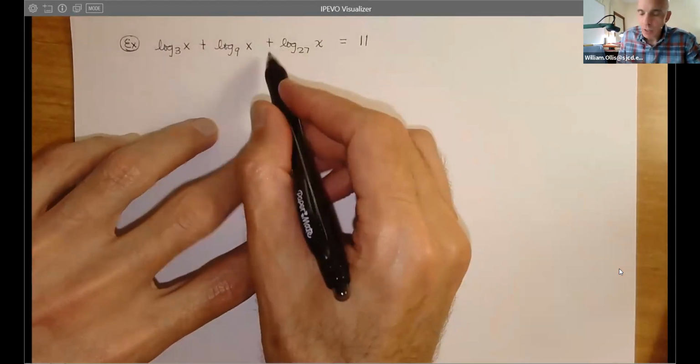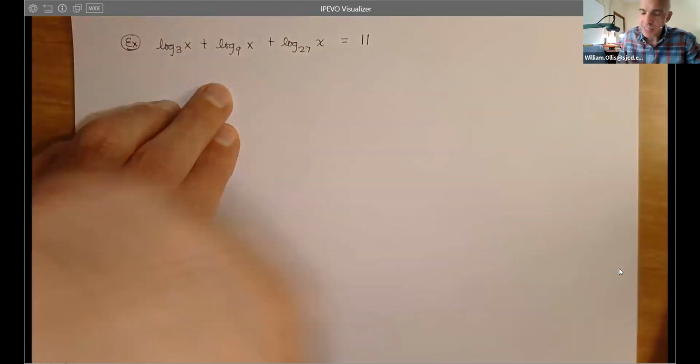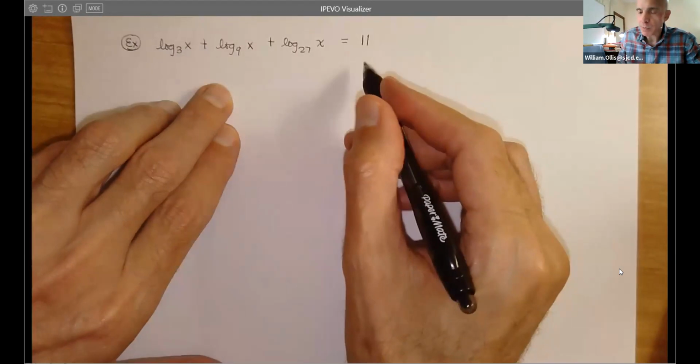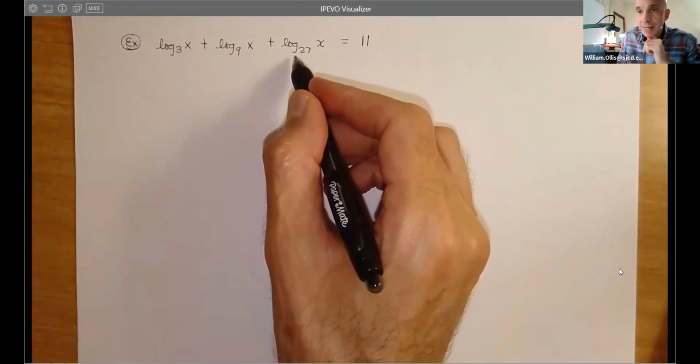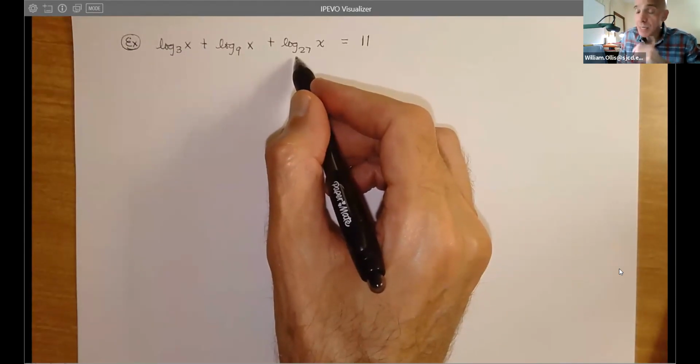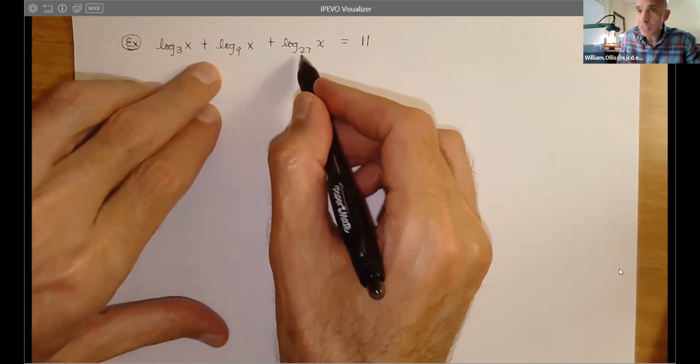Now, when we look at this particular problem, the first thing we would like to do is combine all of these logarithms, but we can't do it because the bases are not the same. They're not aligned. When we do these identities, we're assuming the base A logarithm for each term.